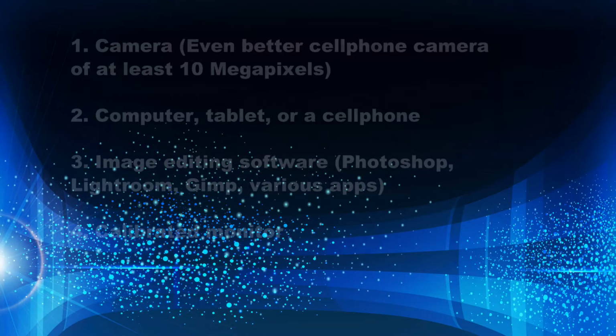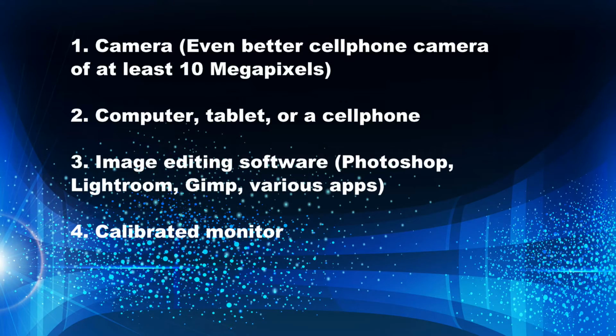The next important thing is the monitor. The monitor needs to be calibrated. Why is that? Well, if your monitor is not calibrated and you are editing your photo and you are super happy how it looks, and then you send that photo to another person and that person takes a look at the photo using a different monitor, they can be disappointed because the white balance can be off, the colors can be off, and you want to avoid that.